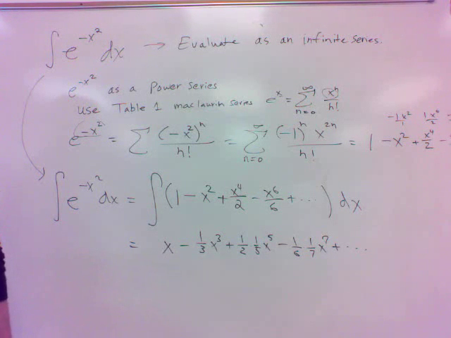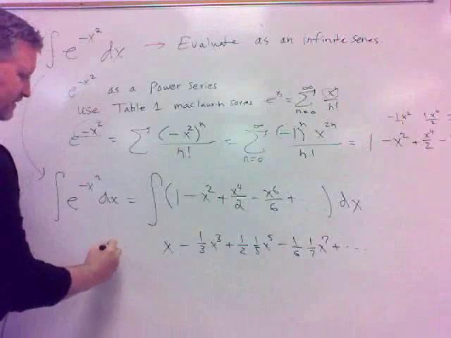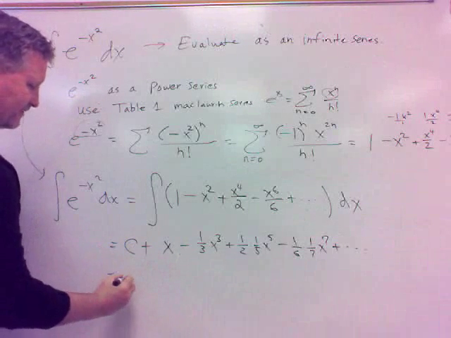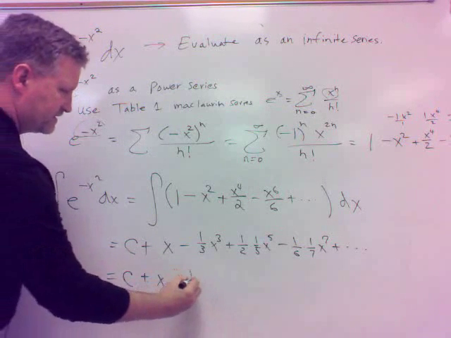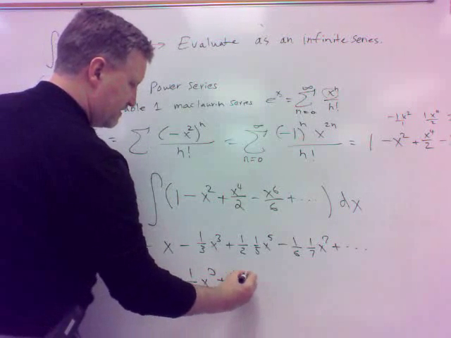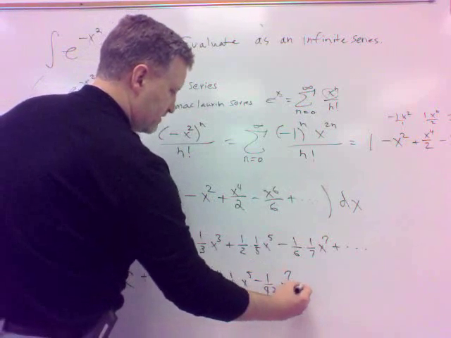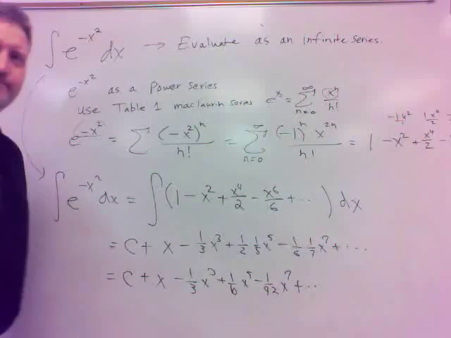What else do I need? A constant, don't I? And since that keeps going infinitely, they usually put the constant up front here. So it's c plus x minus 1/3 x cubed plus 1/10 x to the 5th minus 1/42 x to the 7th. And there's various ways you can do it.